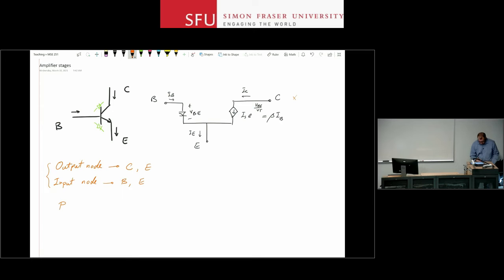So possible topologies, or possible combinations, let's call it. I'm going to write input here. Input, this is a node or terminal, so let's just call it input terminal.